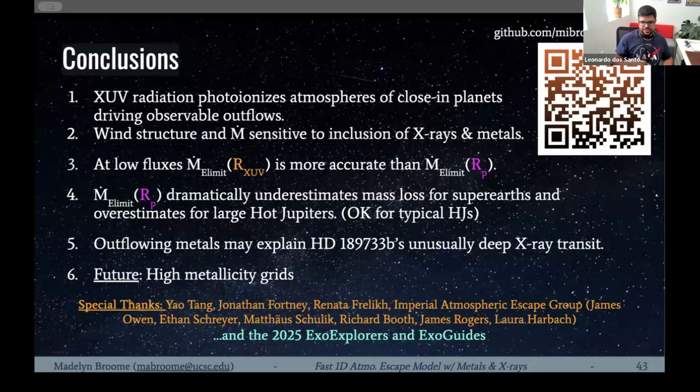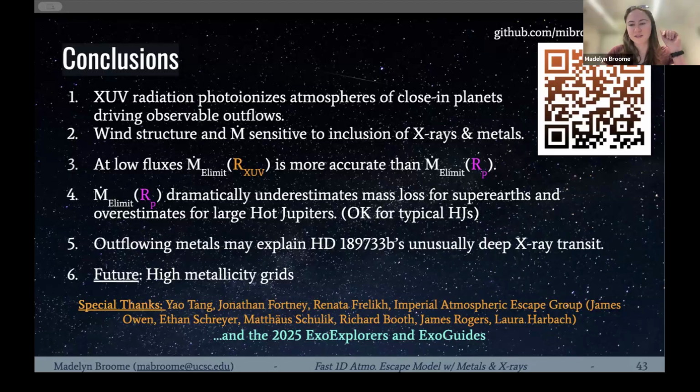It seems that our models predict much deeper signals than what we actually observe, and many people have started talking about metals potentially cooling the outflow, making the mass loss rates lower, and that could explain the signals being shallower than we expect. However, you can also make shallower signals if you simply decrease the helium abundance in the outflow. So it seems to me that there's a degeneracy between helium abundance and metal cooling. Is there a way to break that degeneracy to fit our observations?